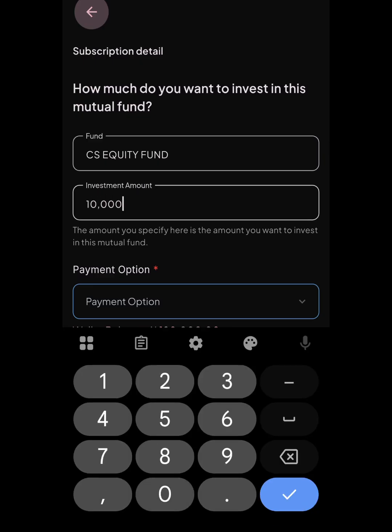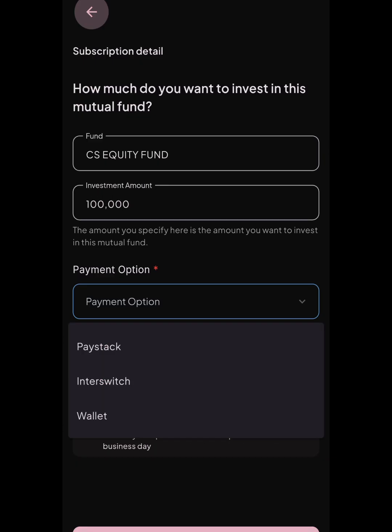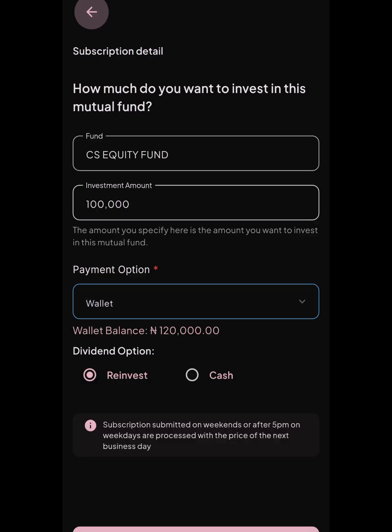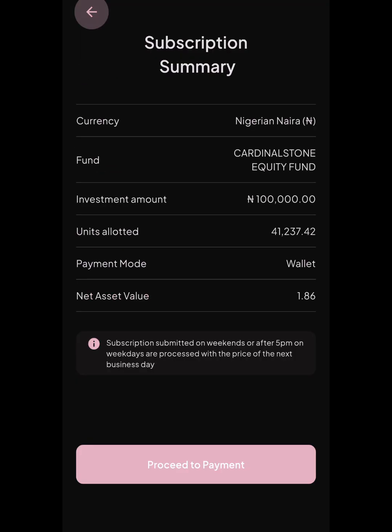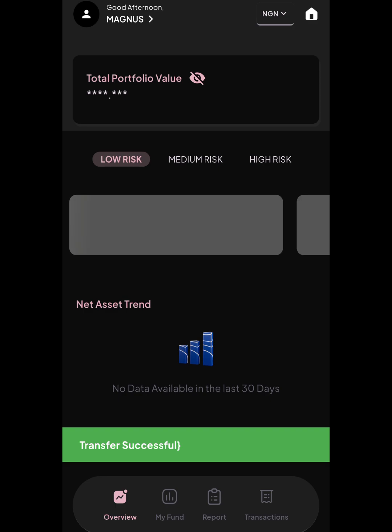Investment amount, let's do 100,000, and select wallet, because obviously we have 120k in our wallet. Then click on proceed, the usual summary, and then let's see. Now it's subscribing or processing, and transfer successful.